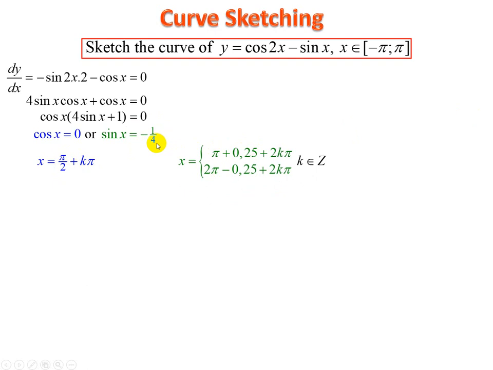And we do a sine minus 1 on 0,25 to get the actual value. It's a coincidence that that's 0,25 and we get 0,25 as an angle.